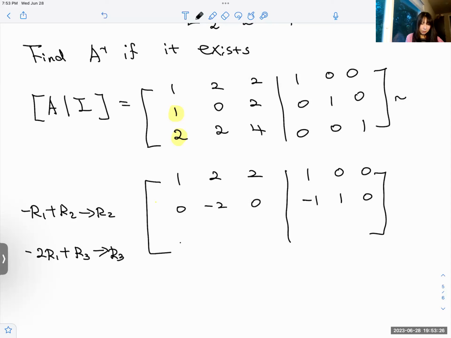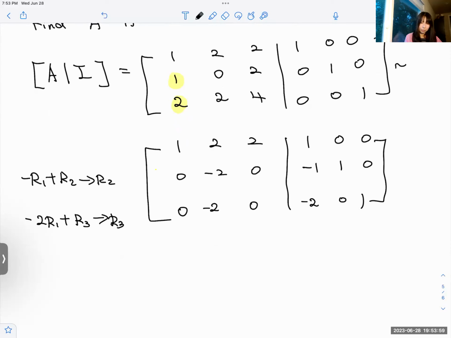So there will be 0, -4, 2, -4, -2, -4 is 0, right? And -2, yeah, -2, and -2, 0, 1.